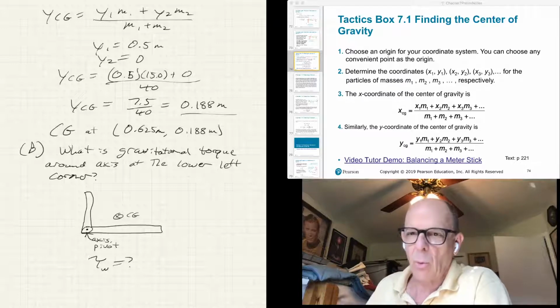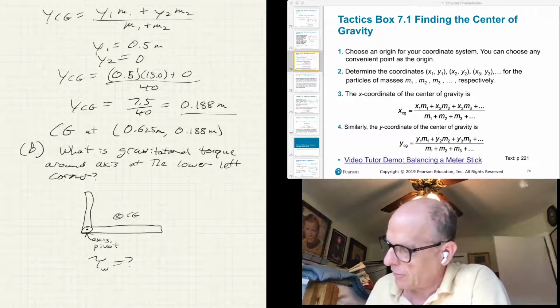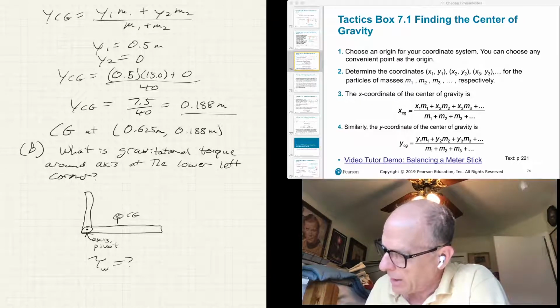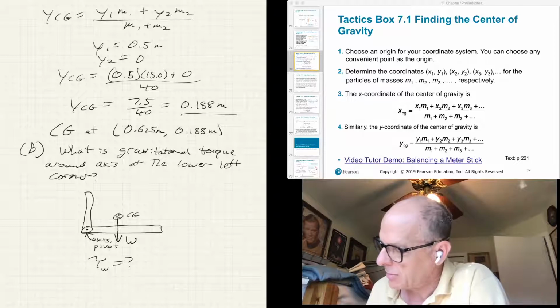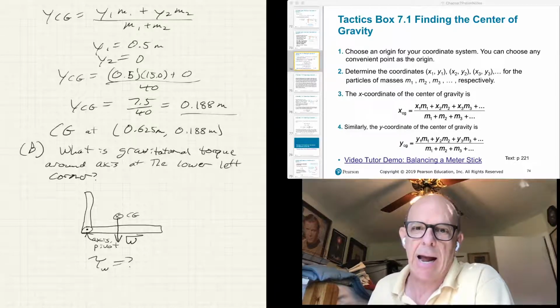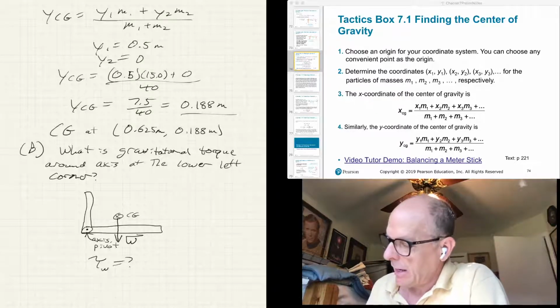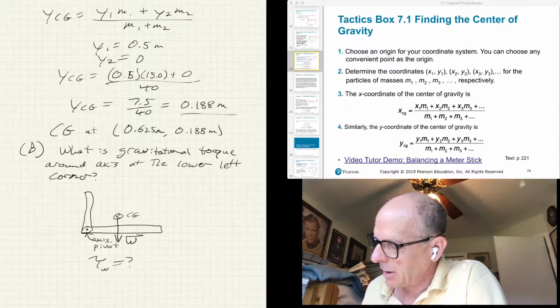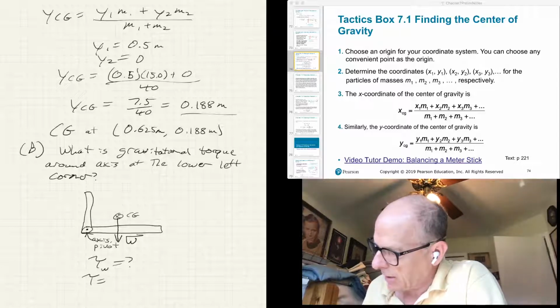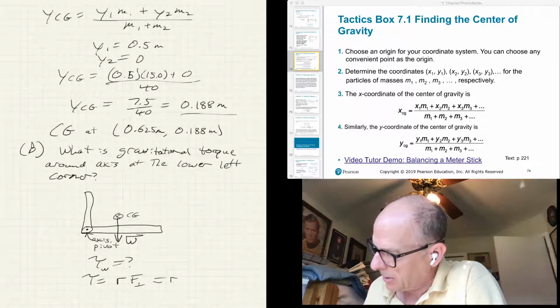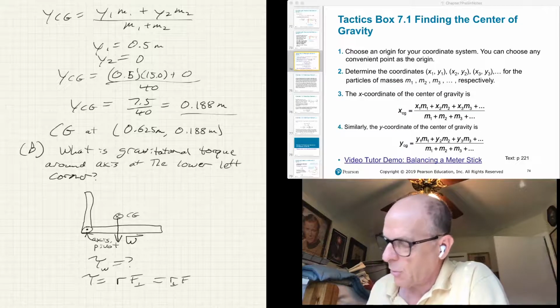So what the center of gravity does is tell us where we can consider the weight force to be applied. So the weight of this whole big L-shaped thing is applied at the center of gravity, and we can calculate the torque as a lever arm times a perpendicular component of the force, or a moment arm times the total force.